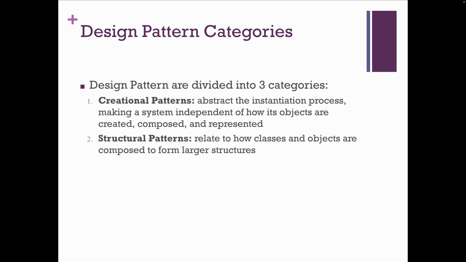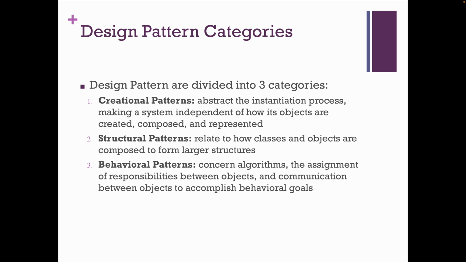They relate to how classes and objects are composed to form larger structures, so structural patterns are about making structures. And then behavioral patterns concern algorithms, meaning behavior, the assignment of responsibilities between different objects, and communication between the objects in order to accomplish behavioral goals, meaning the goals of algorithms.